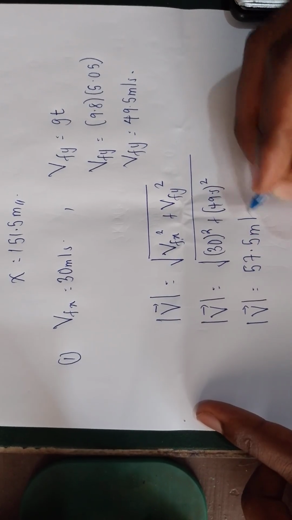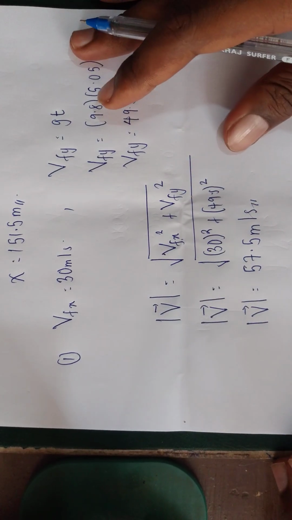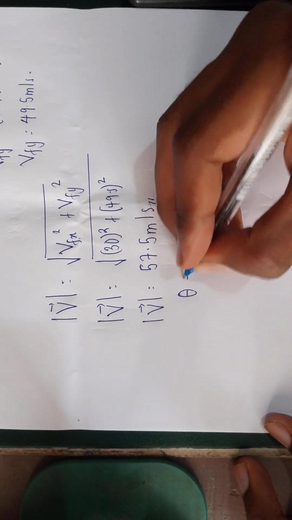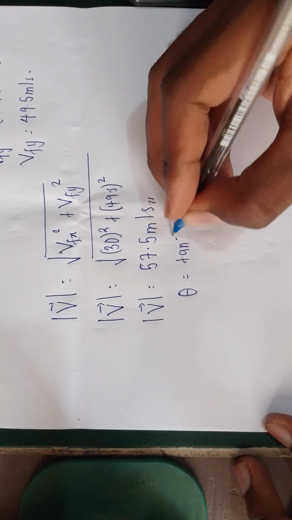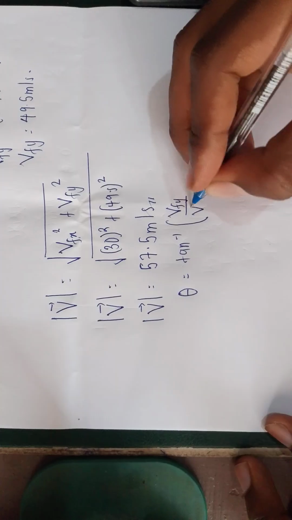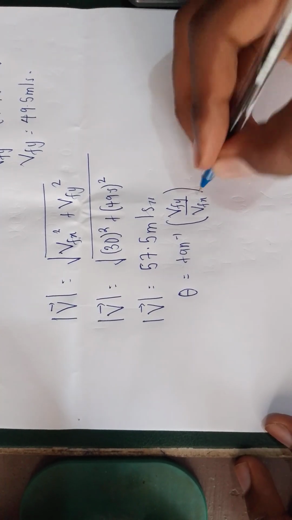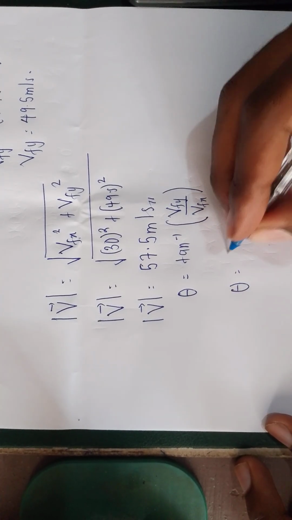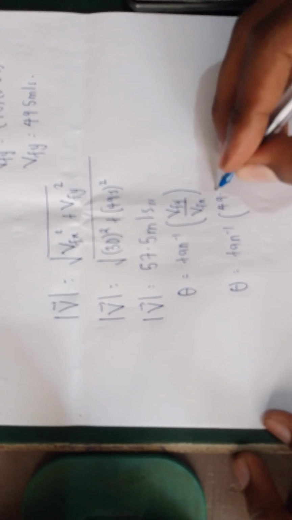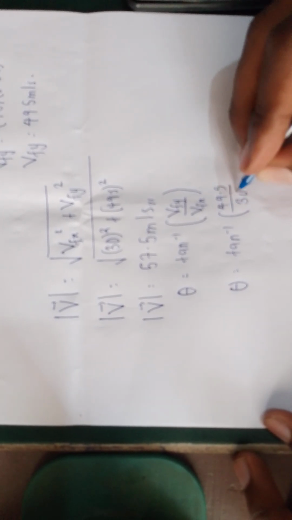57.5 meters per second. So when you have the magnitude, the other thing that you need to determine is the direction, where I said the direction will be given by tan inverse the final velocity in the y divided by the final velocity in the x. So meaning the direction is going to be tan inverse, what will be the final velocity in the y? 49.5 divided by 30.